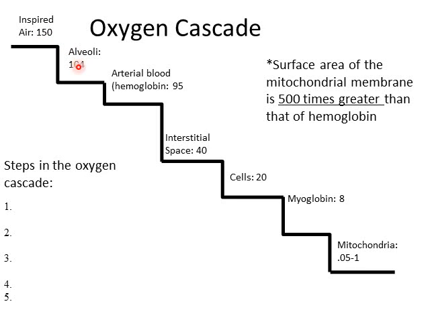So this is going to have to drop quite a bit, probably closer to 70. This is going to have to drop even more, probably closer to 50. This is going to have to be way lower, probably closer to 20. Each step, the diffusion gradient is going to be less, so it's harder to pull oxygen from one step to the next, but we're still going to get it down to the mitochondria, it just might not get as much. That's a key thing to understand, which we'll talk more about when we get to the altitude section.